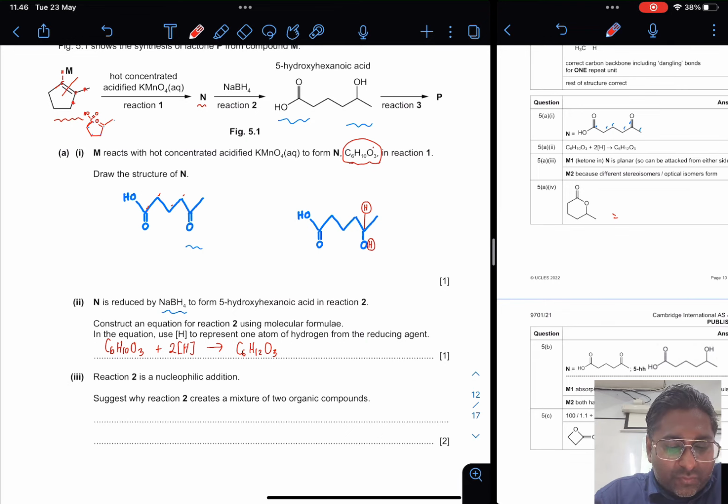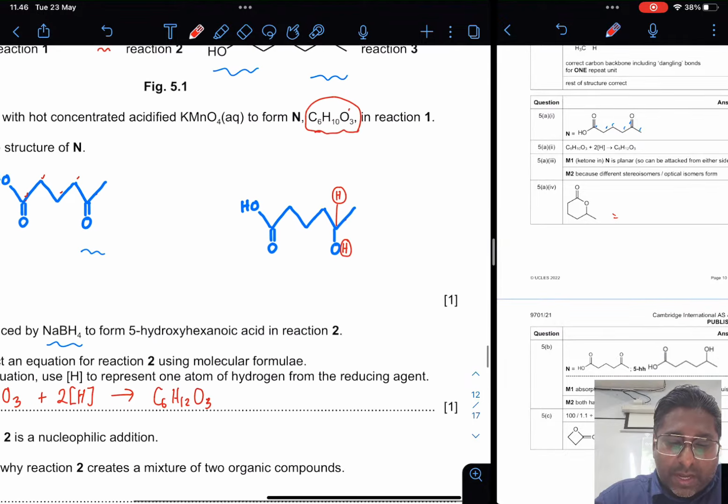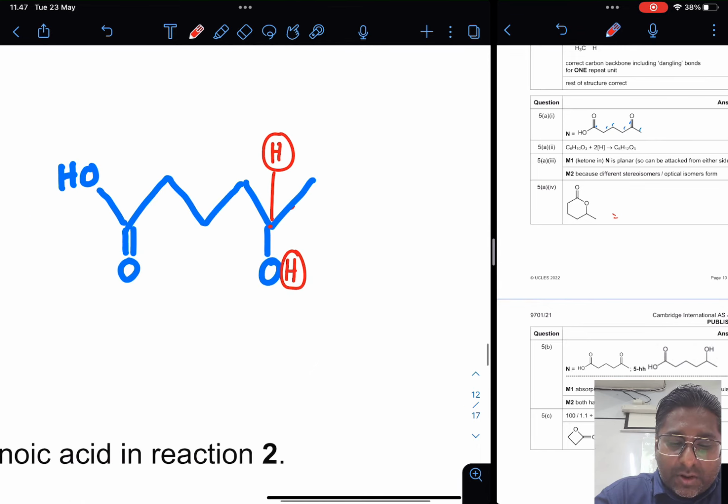Now suggest why reaction 2 creates a mixture of 2 organic compounds. When we have the product, we know that previously we had the double bond O here. Previously when it was like this, this molecule was planar.